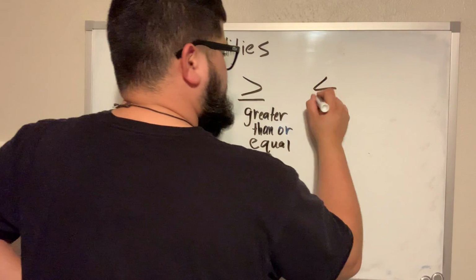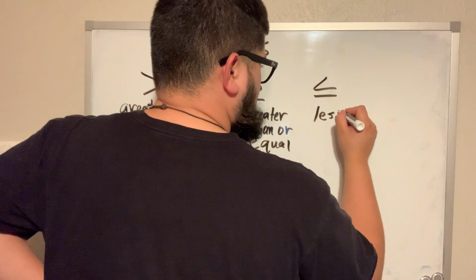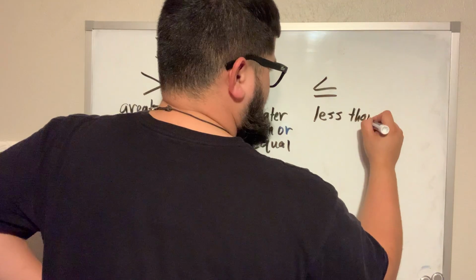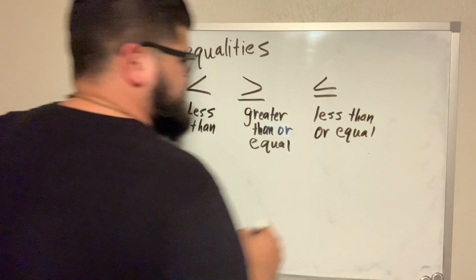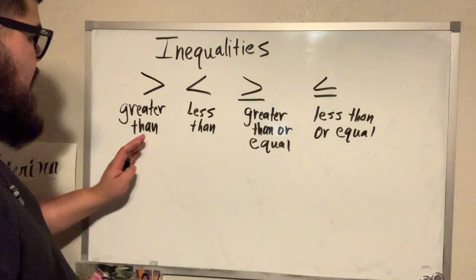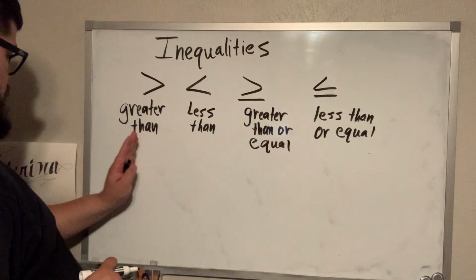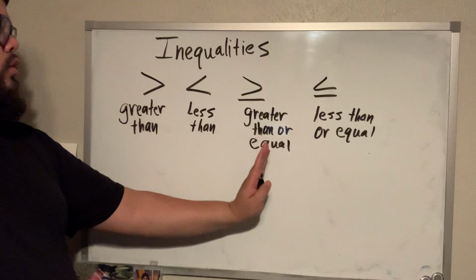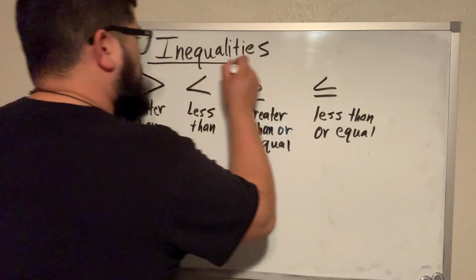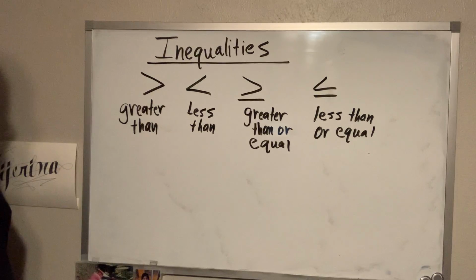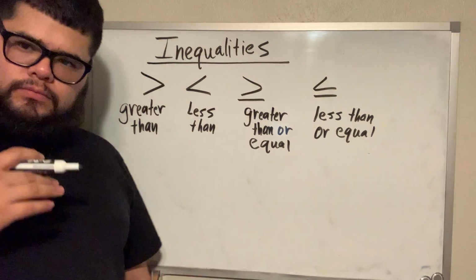And this symbol is less than or equal. Okay, so again, we have our symbols. You want to write these down. Greater than, less than, greater than or equal, less than or equal. And these are all called inequalities.